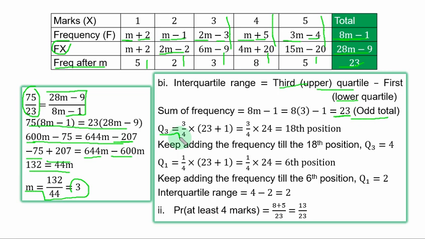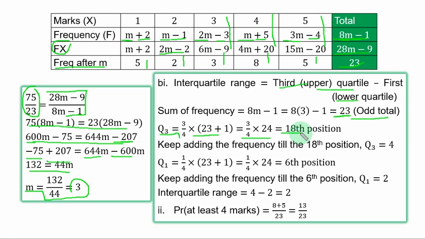So you will add 1 to make it even total. So you have 3 over 4 times 24, and that is 18th position. So from the frequency, the third quartile occurs where you have the 18th position.